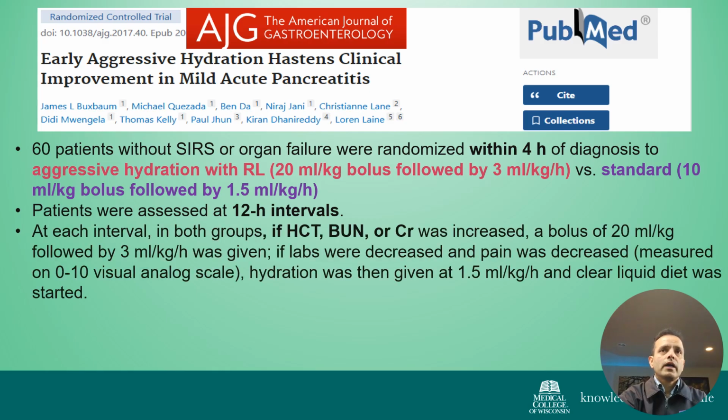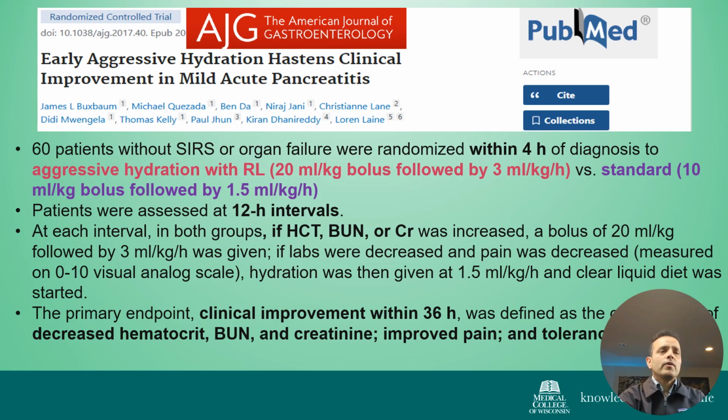Patients were assessed at 12-hour intervals. They were looking at hematocrit, BUN, and creatinine, and also the symptom, which was pain. If hematocrit, BUN, or creatinine increased, patients were given aggressive hydration, otherwise they were continued on 1.5 ml per kg per hour, which was standard.